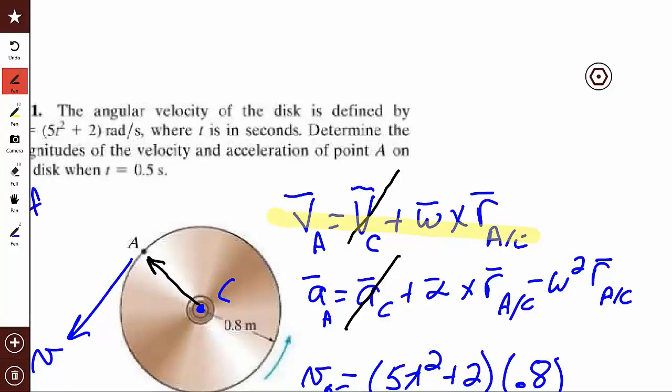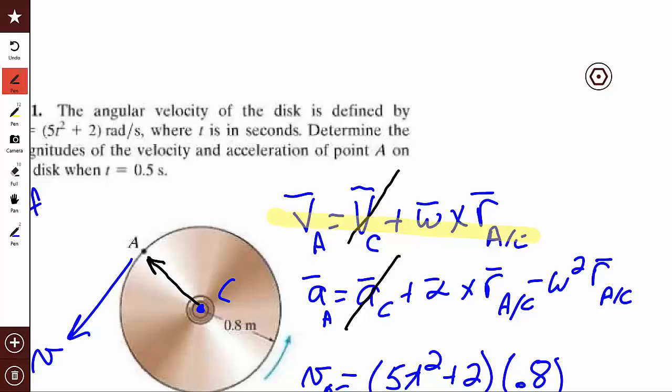That guy is 0. So the velocity of A is omega cross R, right? It's perpendicular to omega. It's perpendicular to R. Can you visualize which way it's going? Where's the R? Right there. It's got to be perpendicular to my arm. It's going that way.